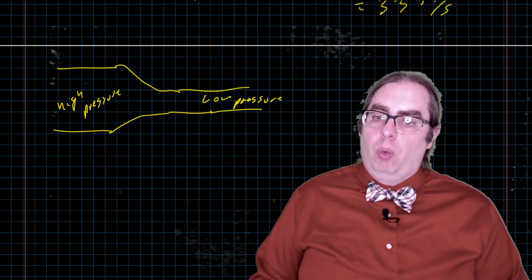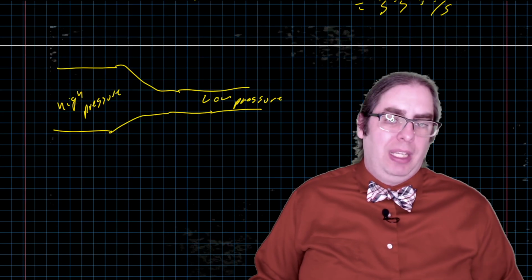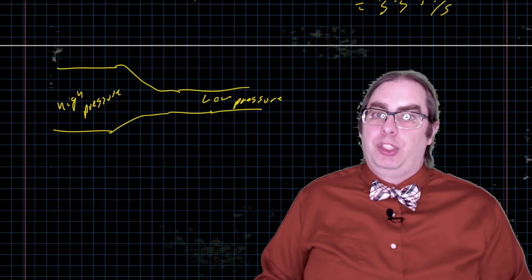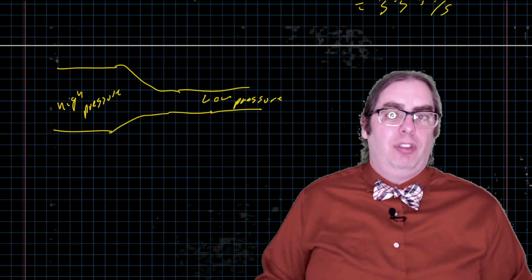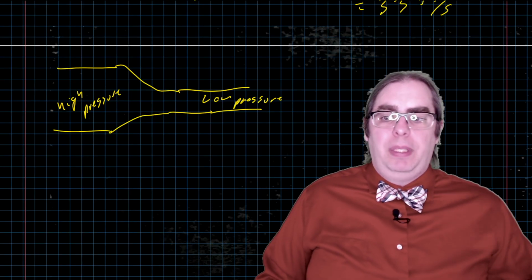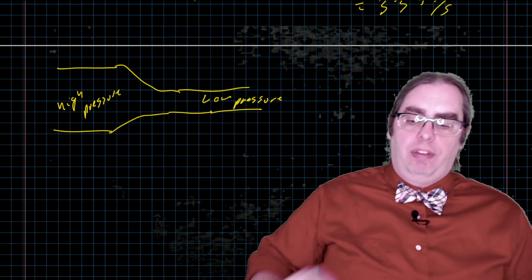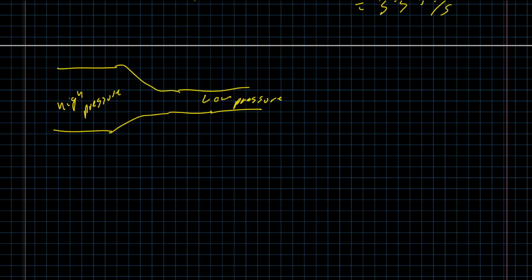So there is one interesting result that we can take in our fluids. If we have a lot of space, the pressure will be higher. If we have less space, the pressure will be lower, because the change from the high pressure to the low pressure causes everything to move faster.